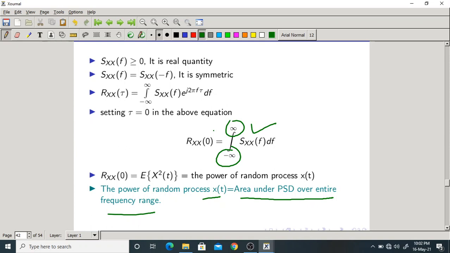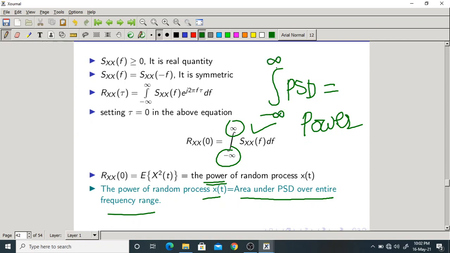Otherwise, if you want RX of 0, that is nothing but expectation of X of t whole square. It indicates power. Otherwise, the area under the PSD is nothing but power. Please remember like this: area under the power spectral density is power.